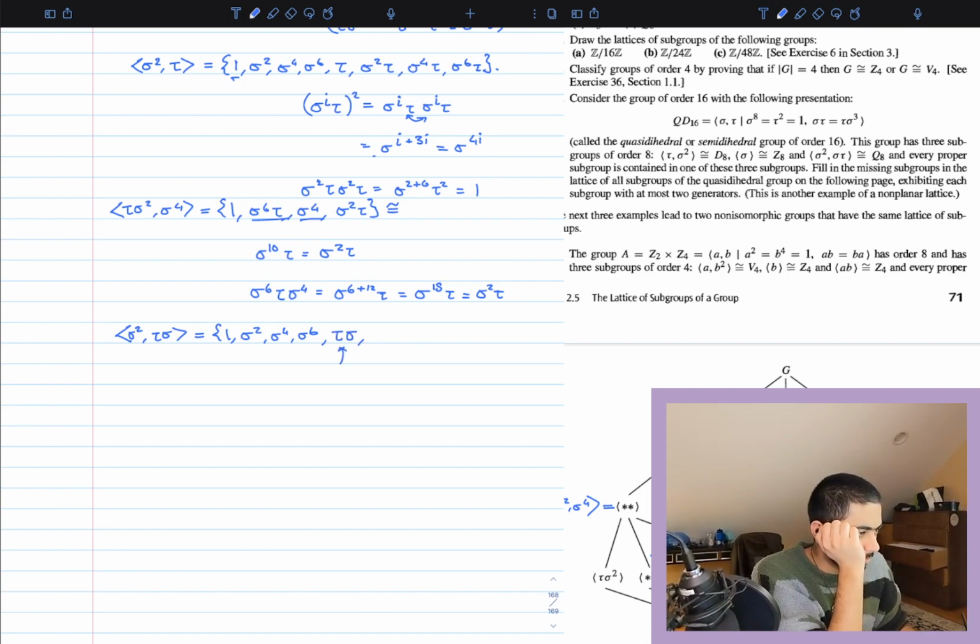We've got tau sigma. We've got tau sigma squared. So that looks like this. But we can swap these two. Actually, you know what? Let's swap these two, and get tau squared sigma to the 4. I see. So this guy's powers just come out to sigma to the 4.